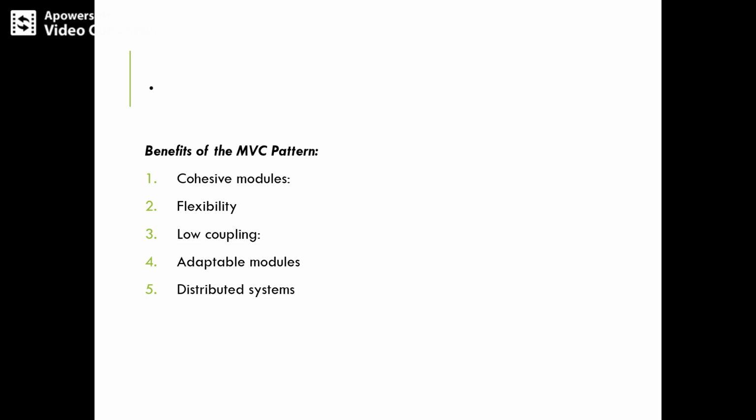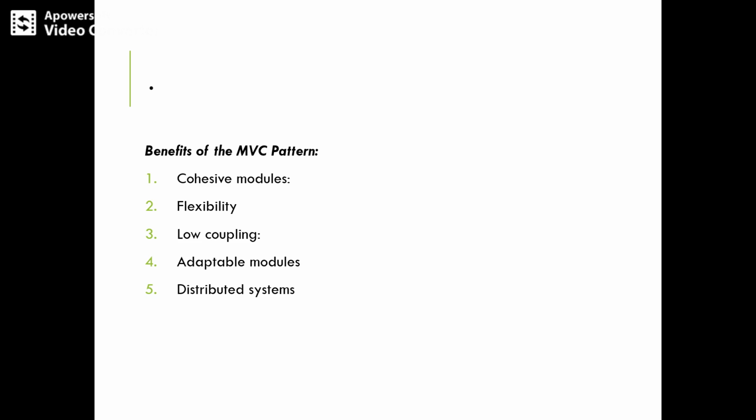Next, the second benefit of the MVC architecture is flexibility. It is flexible for all architectural usage or in any application. The model is unaware of the exact nature of the view or the controller it is working with. It is simply an observable.